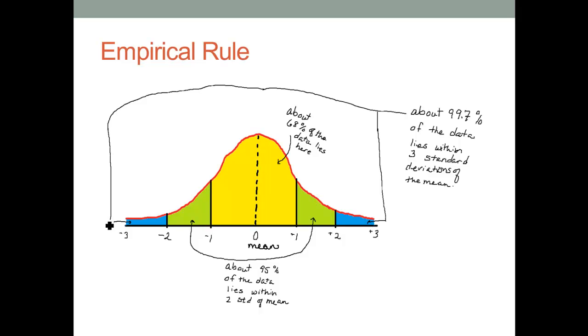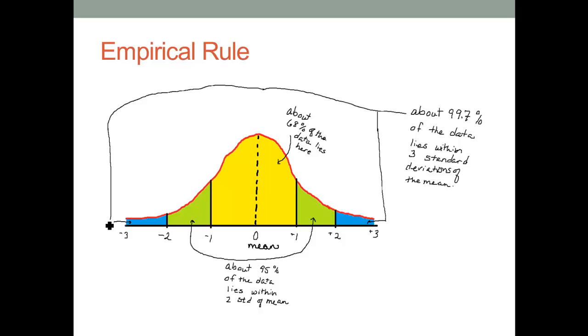There's a lot of things that we can study that are considered normal, such as human body temperatures and human heights. There's a lot of other things that fall within that quote-unquote normal range.